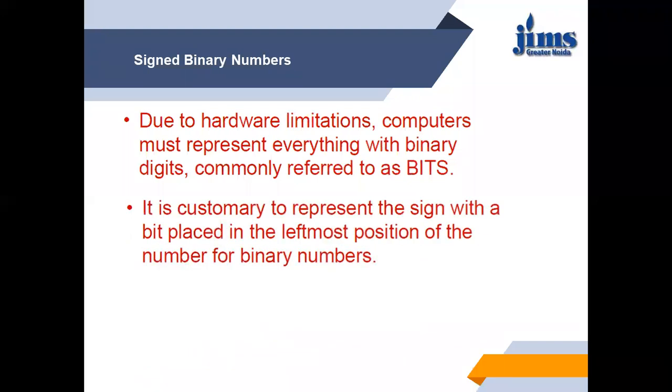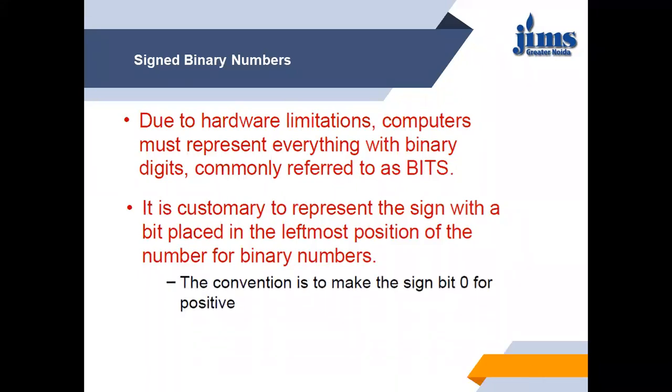It is customary to represent the sign with a bit placed in the leftmost position of the number for binary numbers. It means if we have an 8-bit computer, then the leftmost bit, that is the MSB, will represent the sign bit, and the rest of the 7 bits will represent the magnitude. That is the process we are going to adopt.